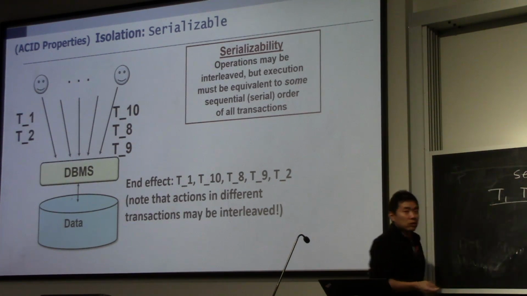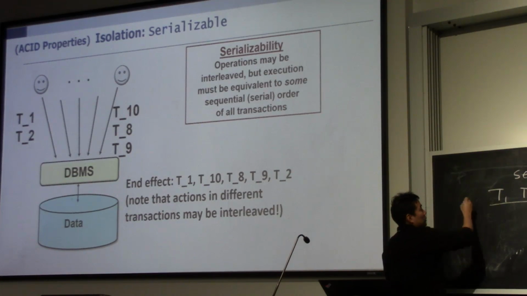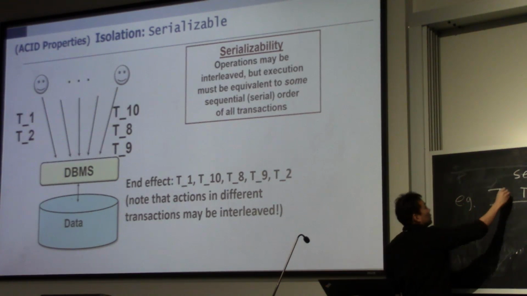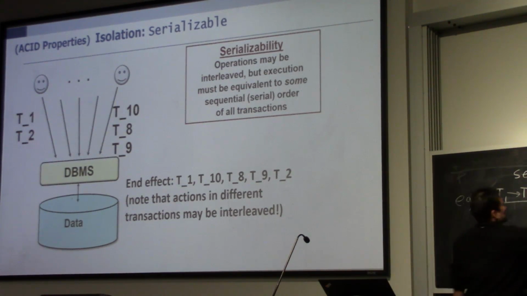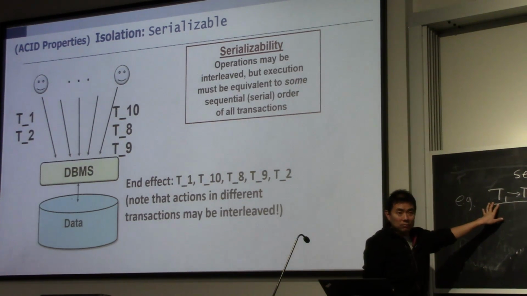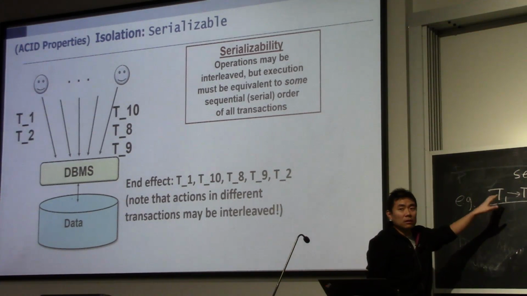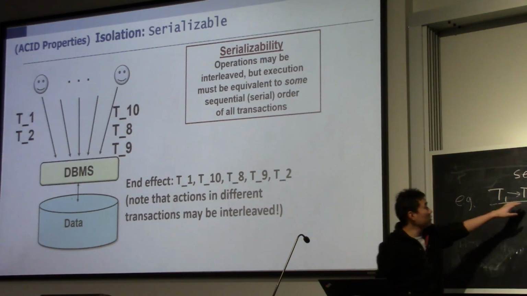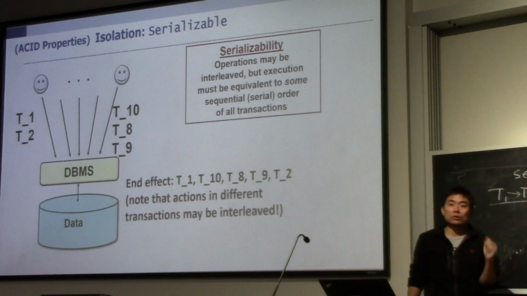Okay, these are my transactions. One of the serial executions is like this: I execute everything from T1 all the way to the end, and only after I'm done with that, I start executing T2, and so on and so forth.